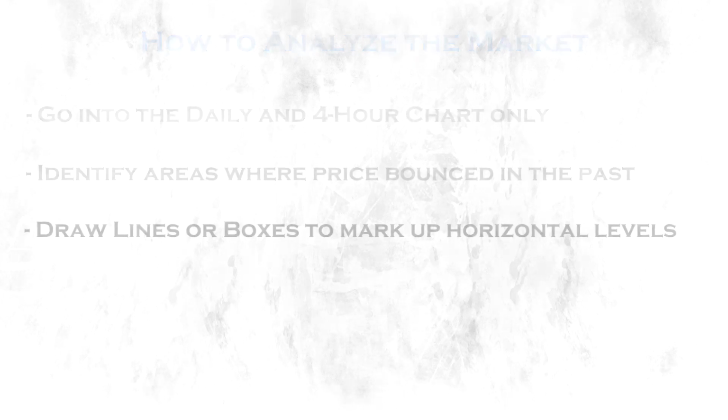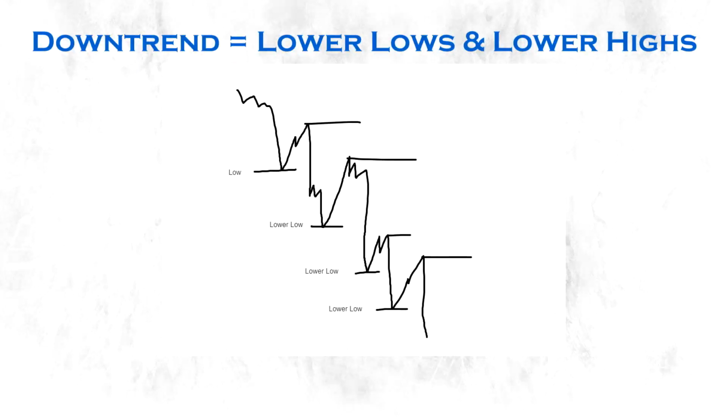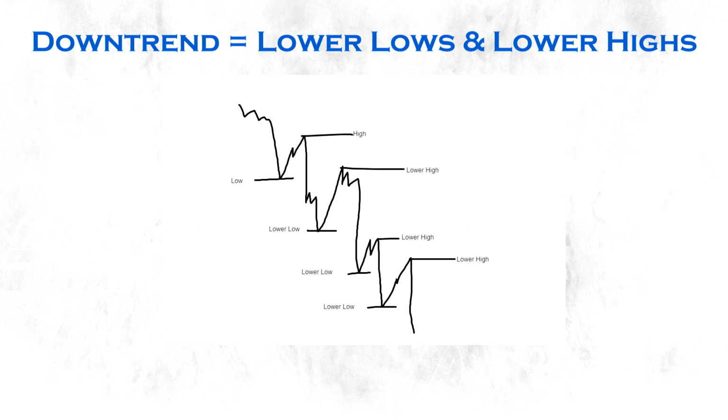And very important to understand is that we don't want to sell in an uptrend and we don't want to buy in a downtrend. It is very important to understand what the overall trend direction is. A downtrend forms lower lows and lower highs. That means whenever price bounces away clearly, that's a low. And then other areas where price falls away and reverses to the downside like a resistance, we call those highs.